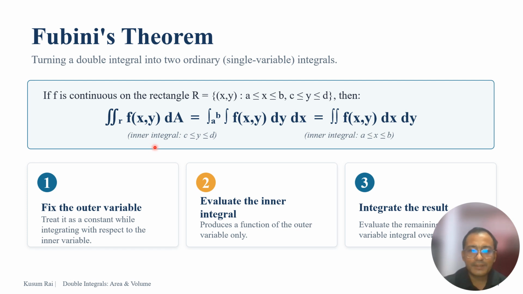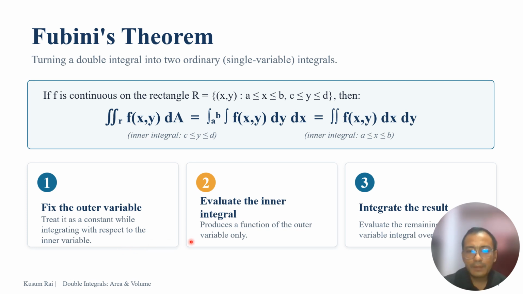For the inner integral here, y is greater than or equal to c and less than or equal to d, and for the other, x is greater than or equal to a and less than or equal to b. Number one, fix the outer variable at first, treating it as a constant while integrating with respect to the inner variable.